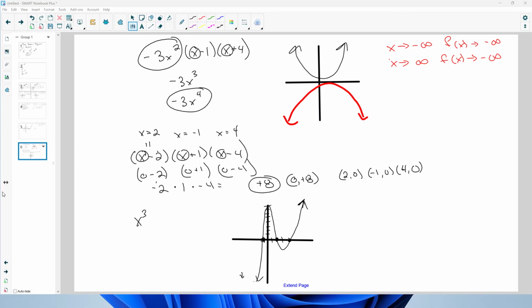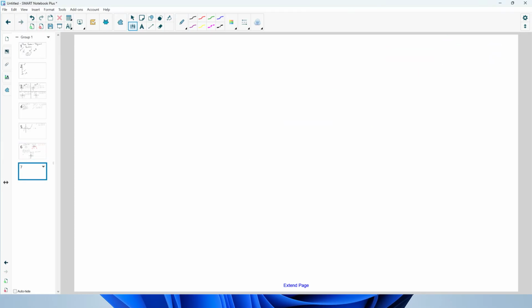Let's see if there's anything else we want to work on. Oh, okay. There is one other thing I want to talk about. So let's say I have a function like this.